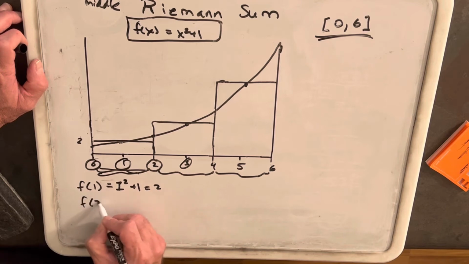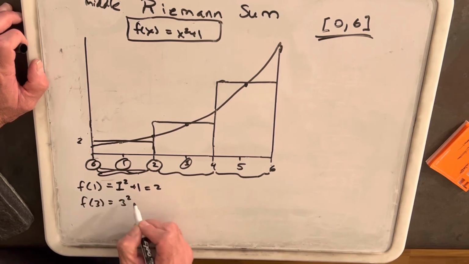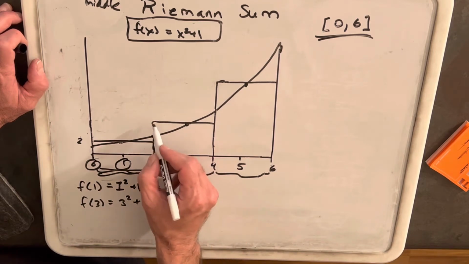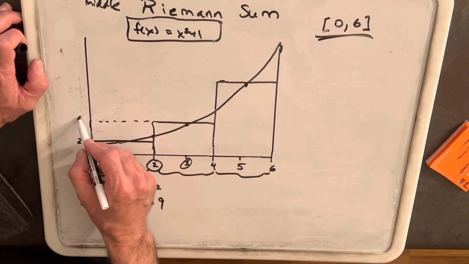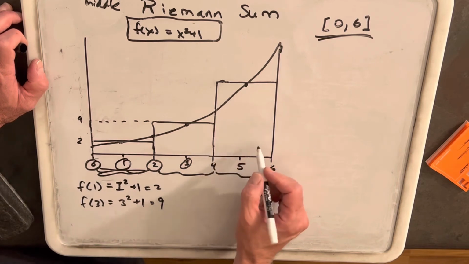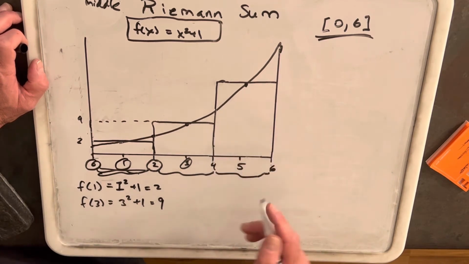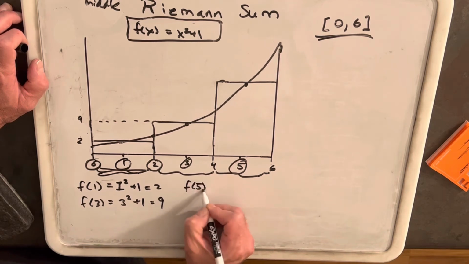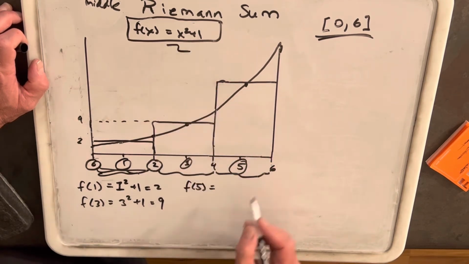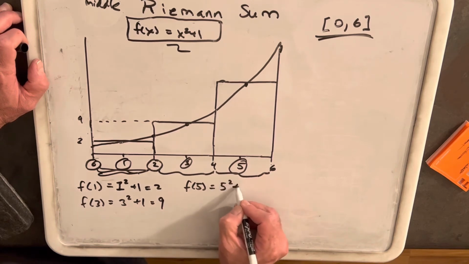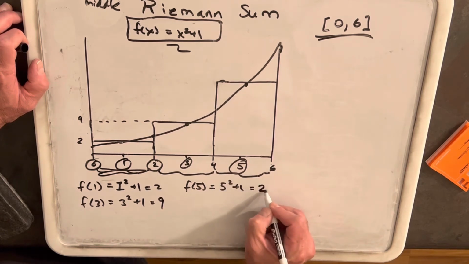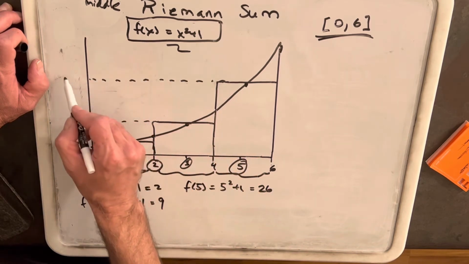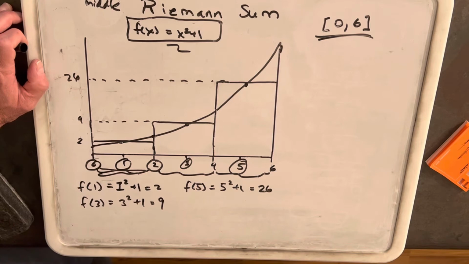So f of 3 is 3 squared plus 1 equals 10. Actually, 3 squared plus 1 equals 9 as stated, so this height here is 9. And then for this third rectangle, again using the middle point, we'll calculate f of 5 in this polynomial, which is 5 squared plus 1 equals 26. So our height of this is 26.